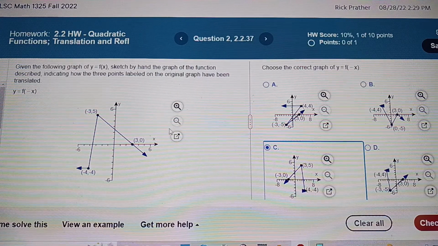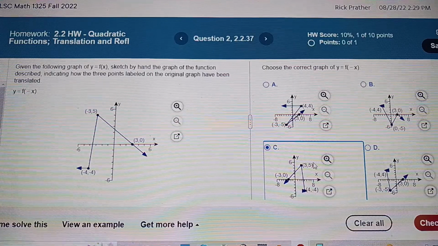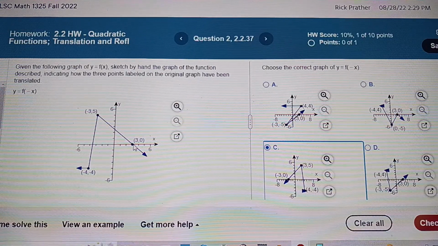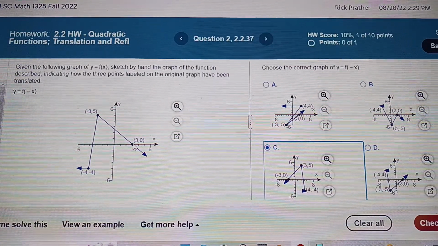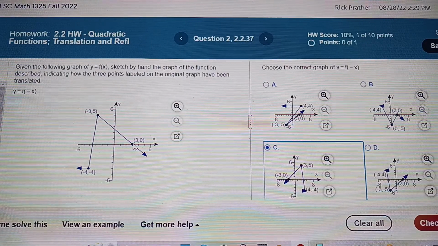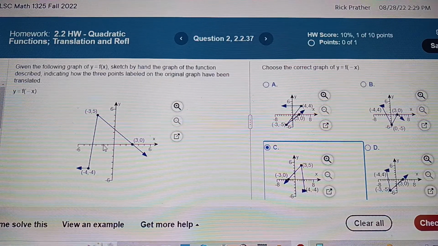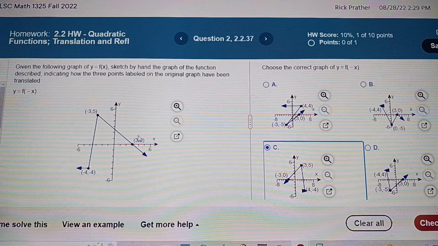That's 3, 5. This has 3, 5. 3, 0. Now this time it will move because we're moving across the y-axis. So we're 3 units from the y-axis here. We need to go 3 units that way, or just change this x of 3 to a -3. So -3, 0. Yeah, this has all 3 points.